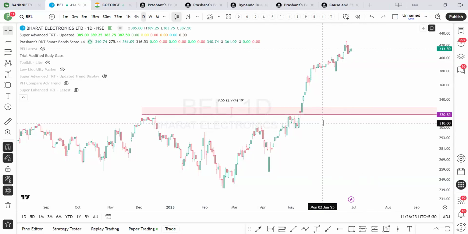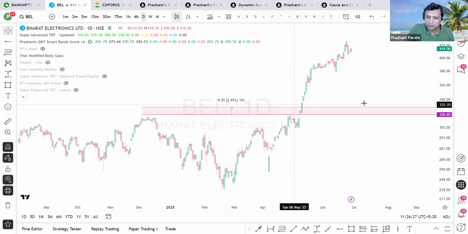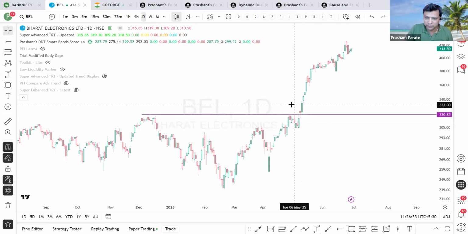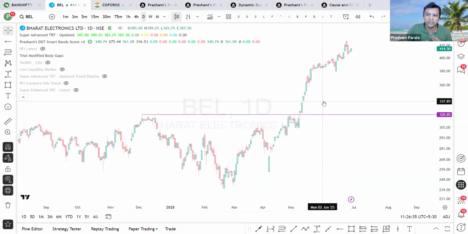But if you have one lot of future and you sell one lot of call, then your maximum profit is the premium in that call plus strike. So if you have sold 320 call and premium is 10 rupees, means you are exiting your position at 330. That is the complete booking at 330 level.